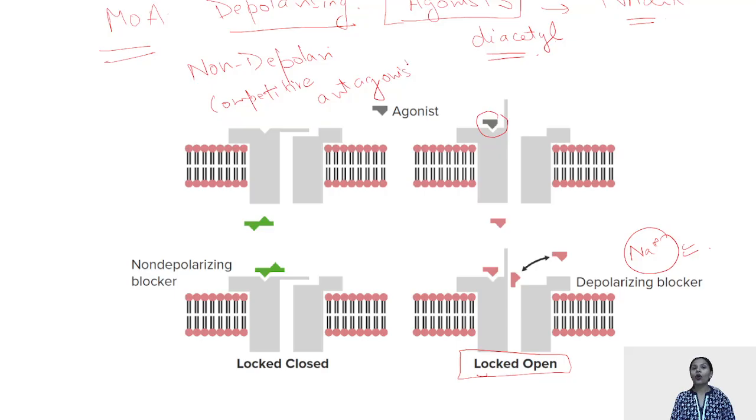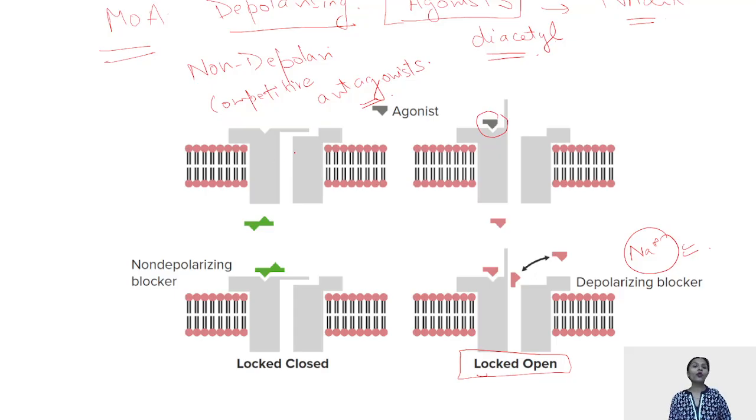Because of being competitive antagonists, they do not allow your acetylcholine to act on the receptors. They come and sit on the receptor. Your acetylcholine is not allowed to sit on the receptor, and eventually you get paralysis because acetylcholine cannot pass the action potential from the nerves to the muscles.